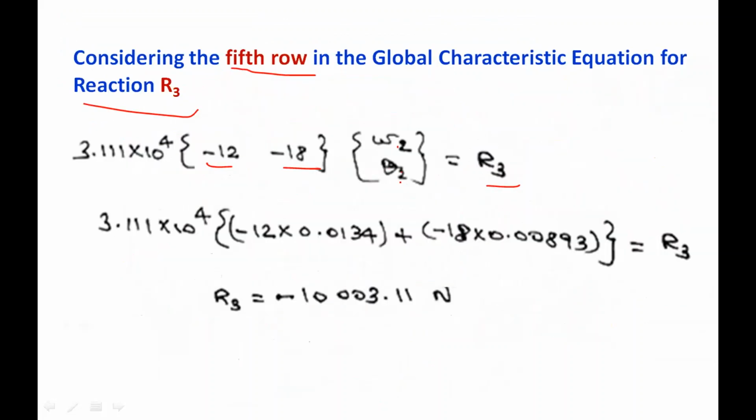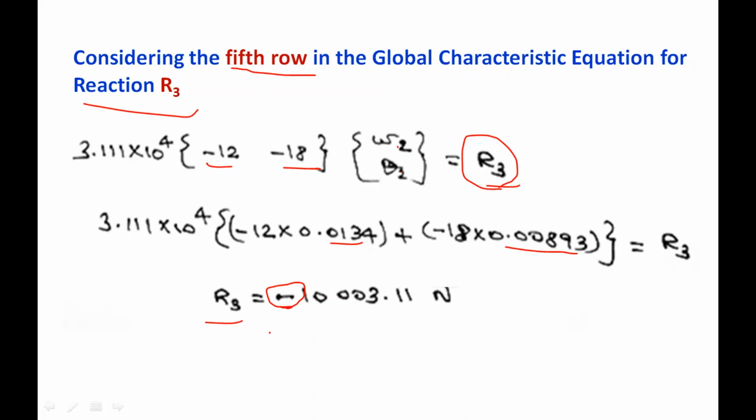That is what we are getting. Substituting the W2 value and theta 2 value, we are getting the R3 value as minus 10,003.11 Newton. This is minus, again indicating the assumed direction is wrong, because initially we assumed all the reaction forces positive. We are getting a negative sign, that means we have to change the direction of the reaction forces.